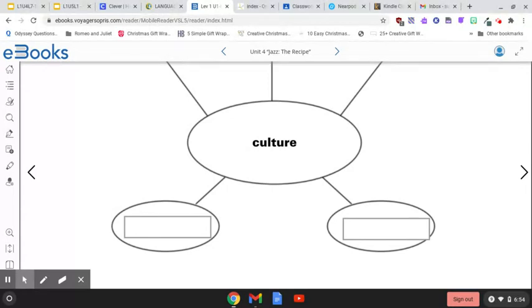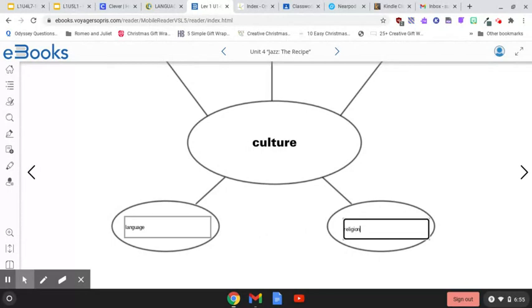Let's think about what is different about our backgrounds while we fill in the connected circles. Let's look at this connected circle. Language is a part of culture. What's another component of culture?